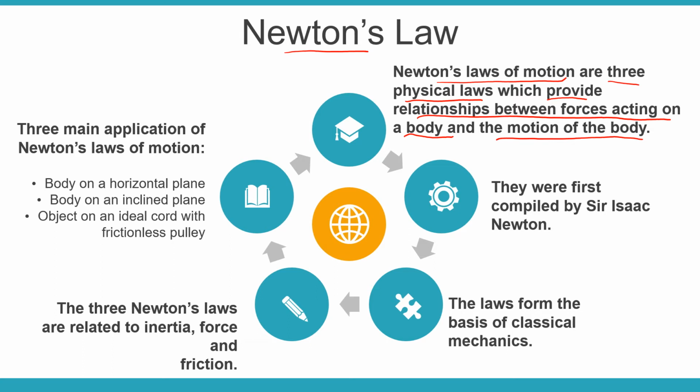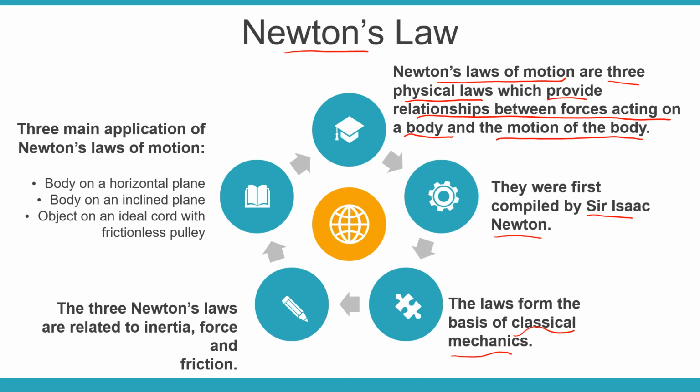So ada dua perkara yang akan involve dalam this Newton's law. So seterusnya, they were first compiled by Sir Isaac Newton. So that's why the name of the law is Newton's. And then the law form the basic of classical mechanics.